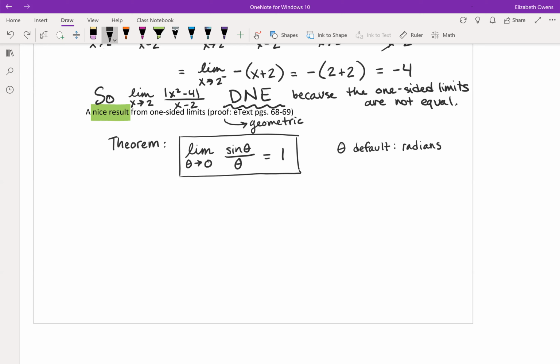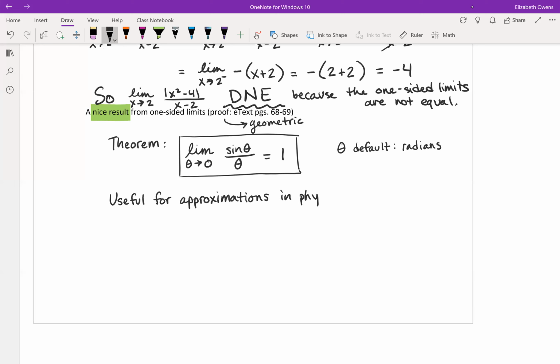And why we are interested in this theorem, or where else you might see this, is in your physics class, if you take physics. This is useful for certain approximations in physics.